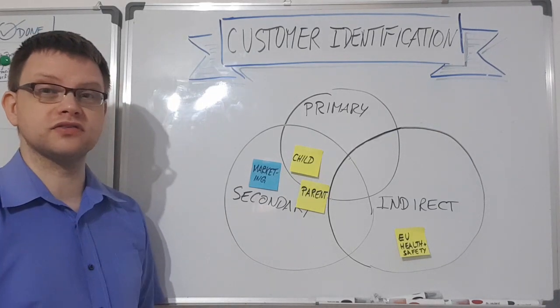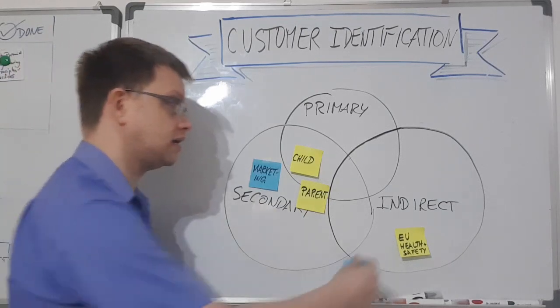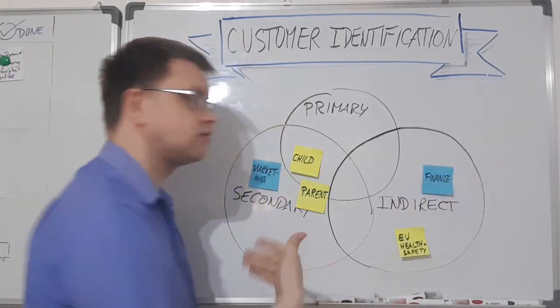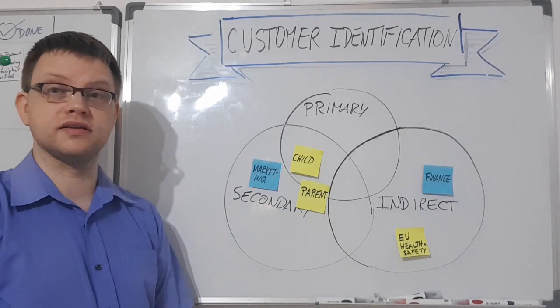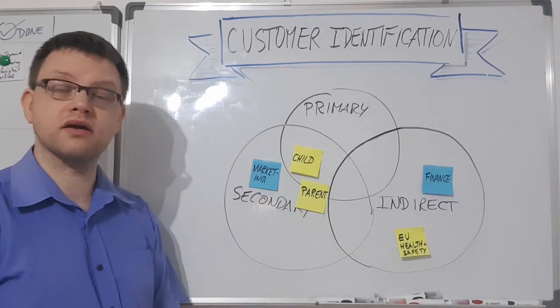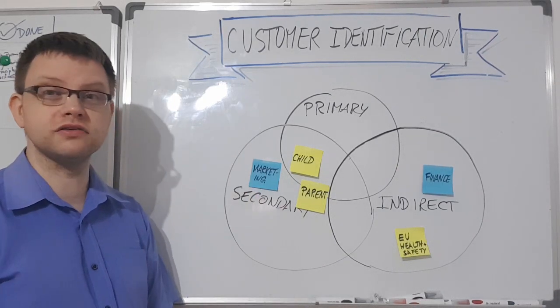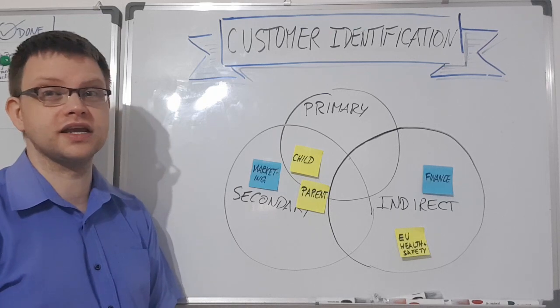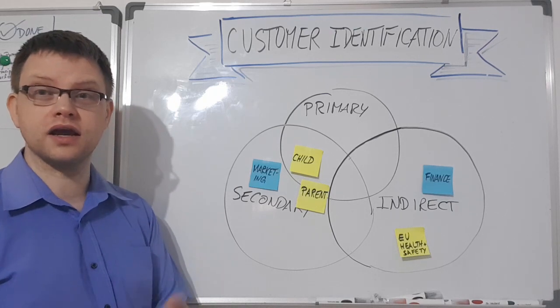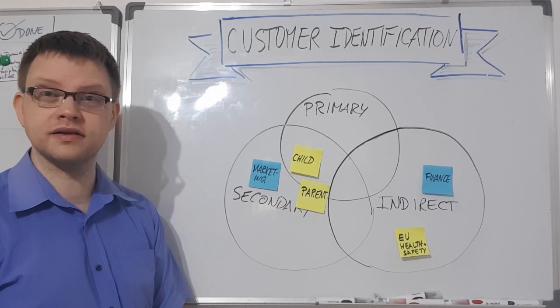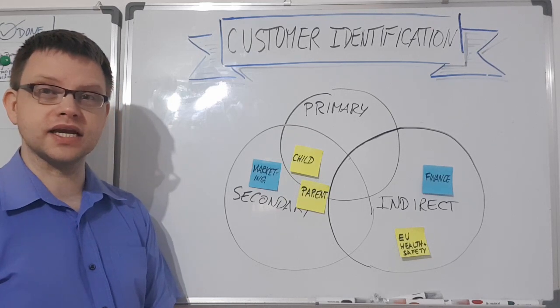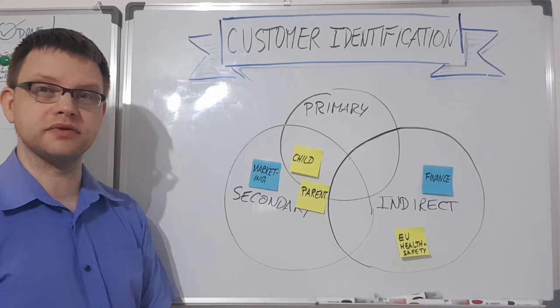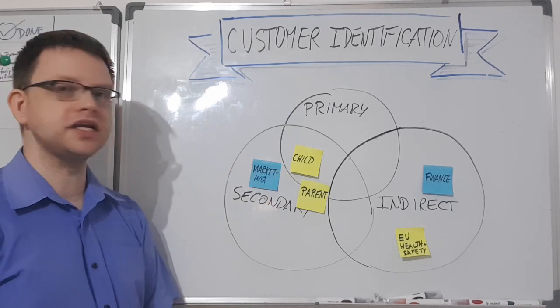And then we might also have indirect internal customers. The example here would be finance. They say, we don't care about how you build a product, we don't care what it looks like, but it has to be profitable. So they have a constraint on how you're going to develop the product.